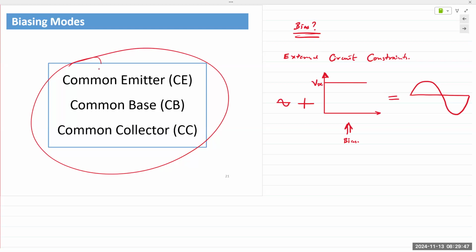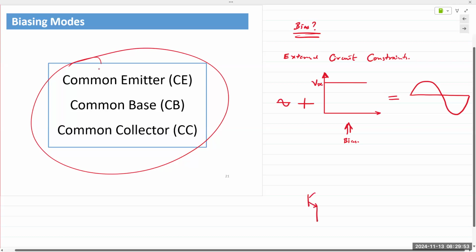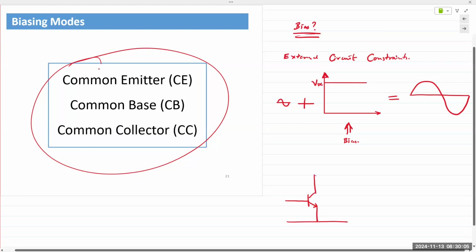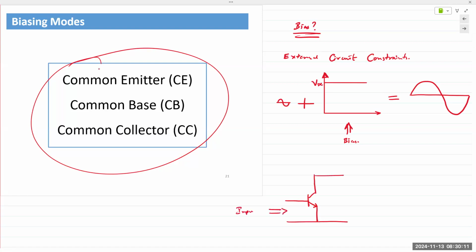When we draw a BJT circuit, typically we would draw it like this. Now this is a common emitter configuration, but I will draw the common base and the common collector. If I draw it like this, input is on the left and output is on the right.